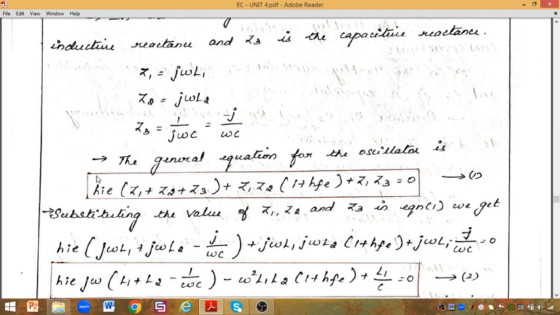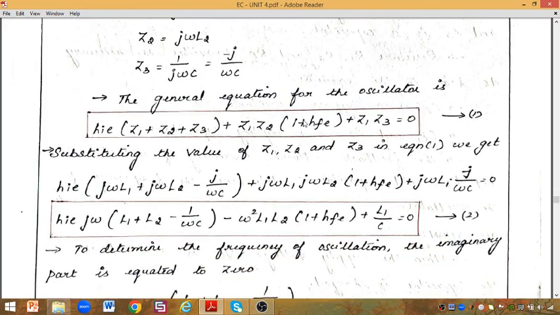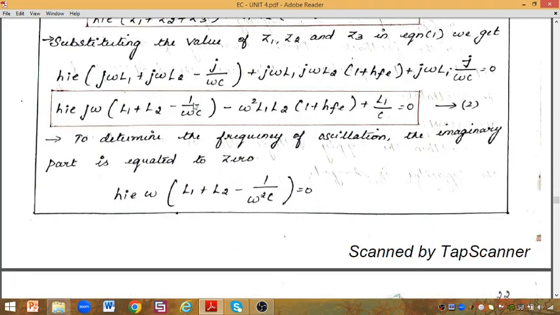HIE represents the input impedance, and HFE is the current gain.